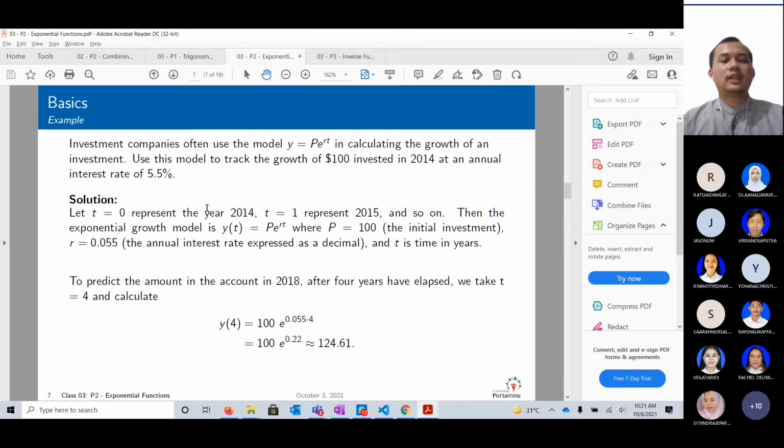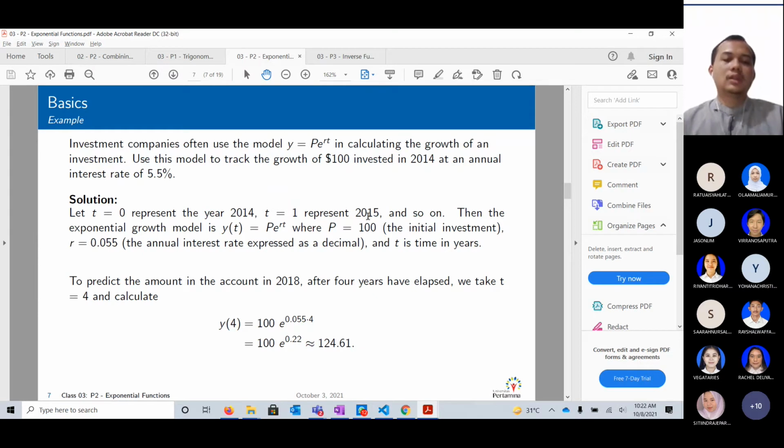So now in this case, we let t equals 0 represent the year 2014. It means that t equals 1 is the year 2015 and so on.